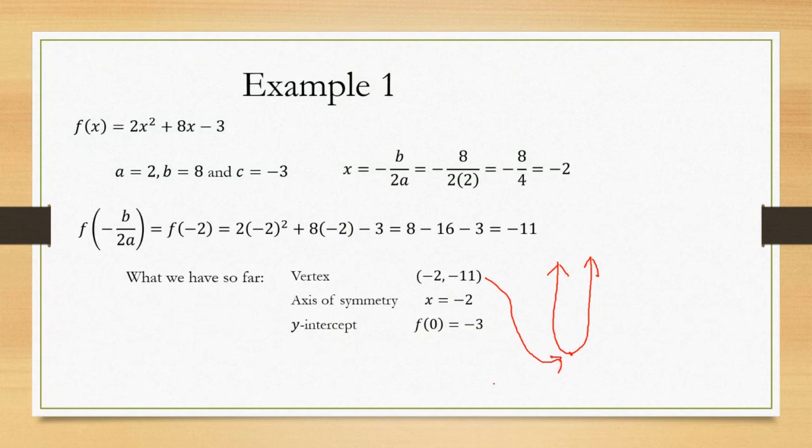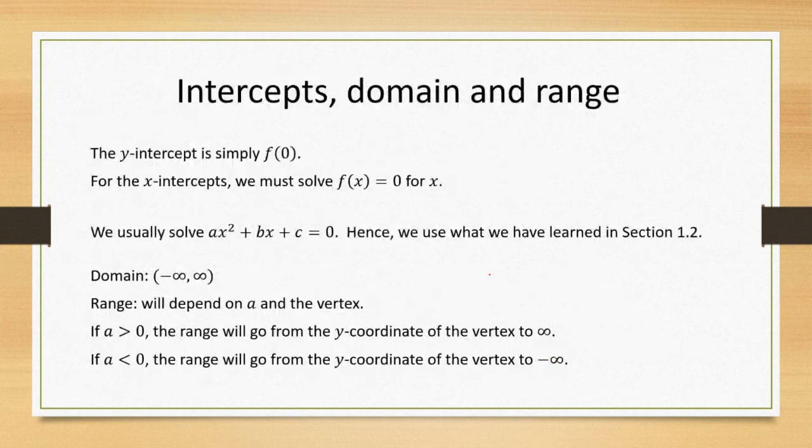Okay. And we also have the range. Remember, since it opens upward, the range has to go from the y coordinate of the vertex to infinity. So that's what this slide said.